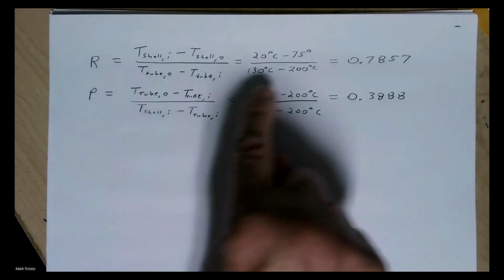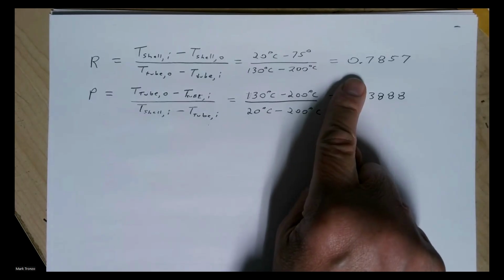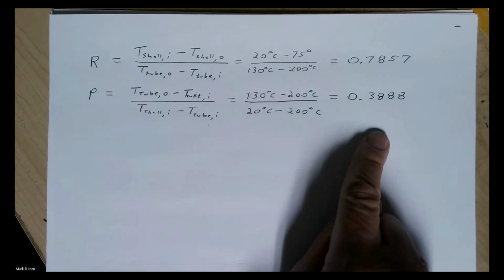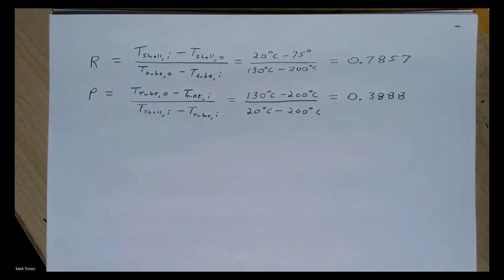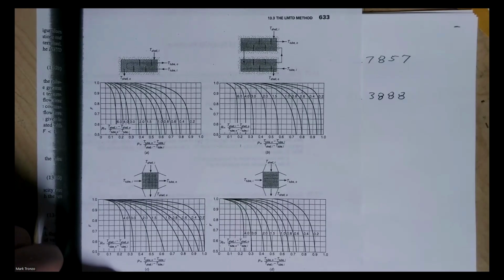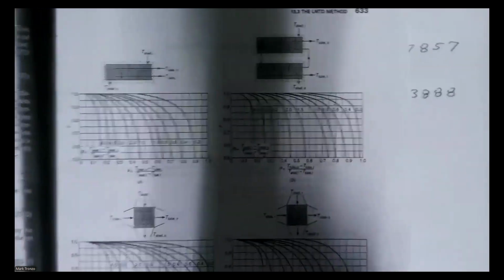And when you put these values in a calculator for R, you get 0.7857. For P, it's 0.3888. And when we look at the table here, again, in my book, this is table 13-7A.